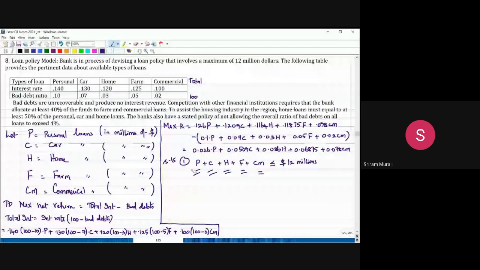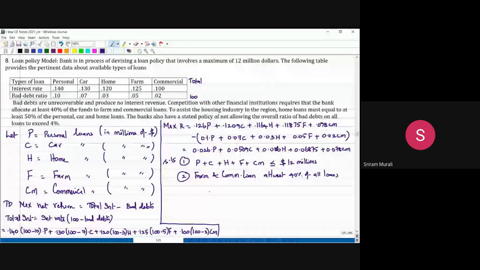What is the second condition? Combining farm and commercial loans, how much is given? At least 40% of all loans. 40% of all loans means how do you combine?